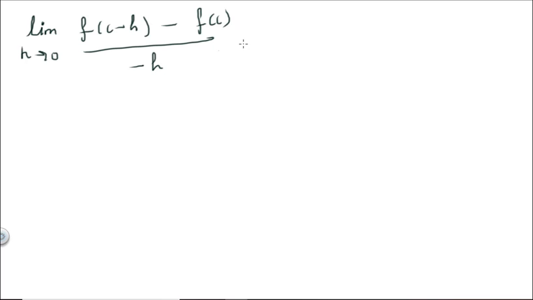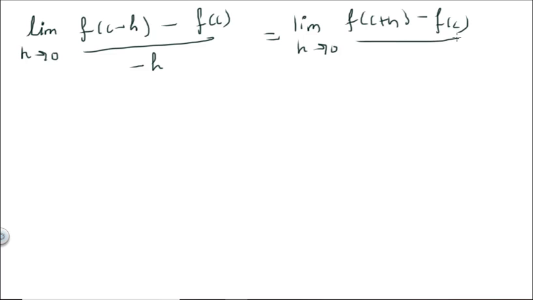This implies that limit h tending to 0 of f of c minus h minus f of c divided by minus h, and limit h tending to 0 of f of c plus h minus f of c divided by h, both are resulting in a tangent at point P. So they both are equal.